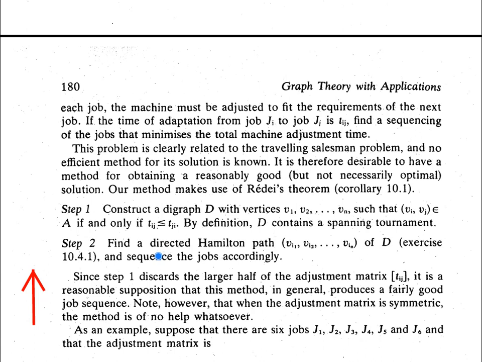Commesso viaggiatore. It's written there. I'm sorry, I'm not yet a traveling salesman. Okay, it's the problem of the traveling salesman with the fact that he only has one-way roads.